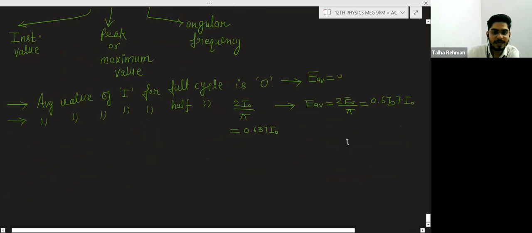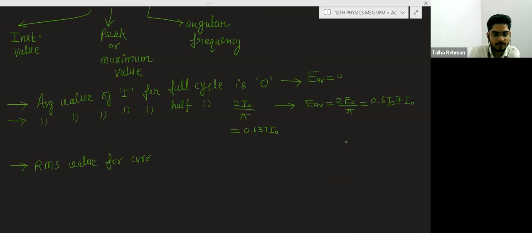If you calculate the root mean square value for current, the RMS value for current for full cycle, again you will get the same value as that of EMF.